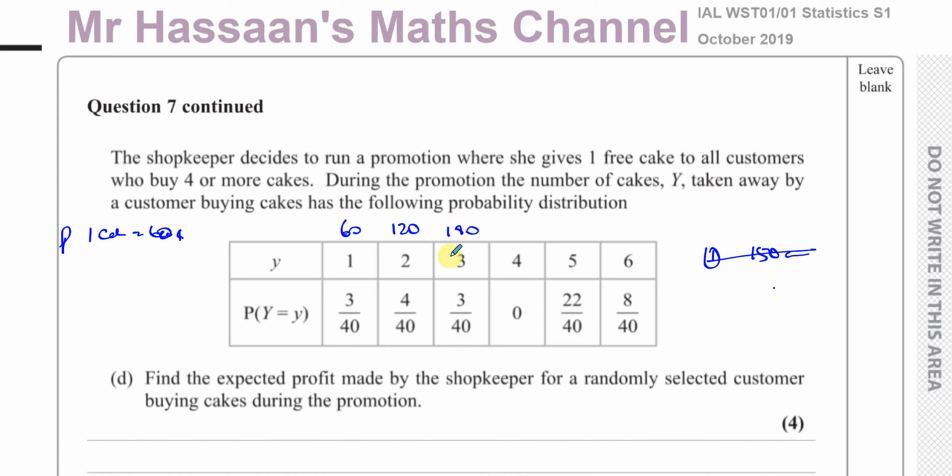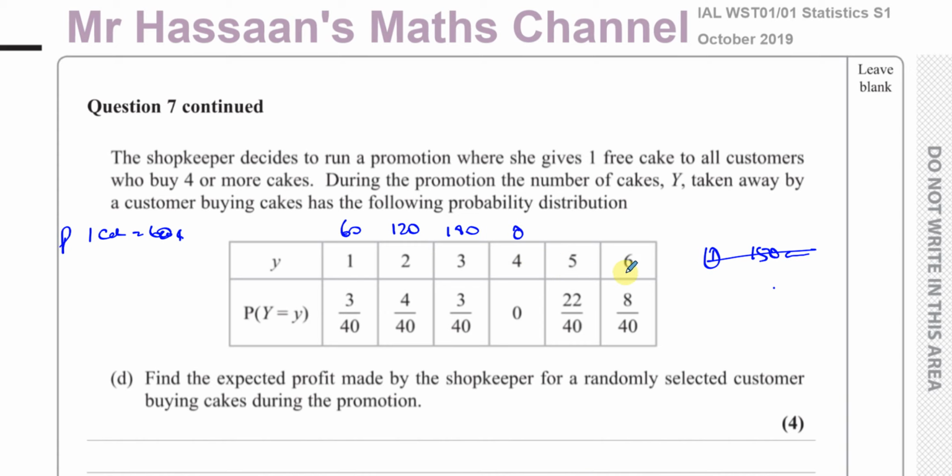Now the expected profit. The person buys four cakes, they get five cakes. So they won't take away four cakes. That's going to be zero here, because nobody is getting four cakes. But for five cakes, they're paying for four cakes, but they're getting five cakes. So you have to think about this a bit more carefully.